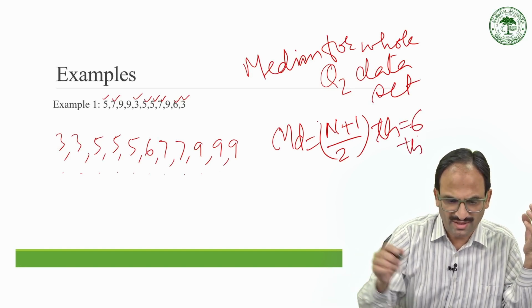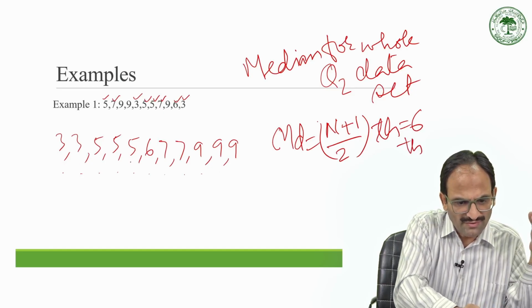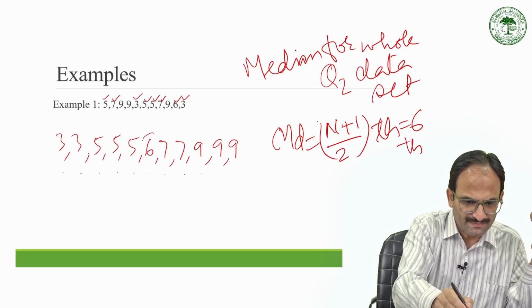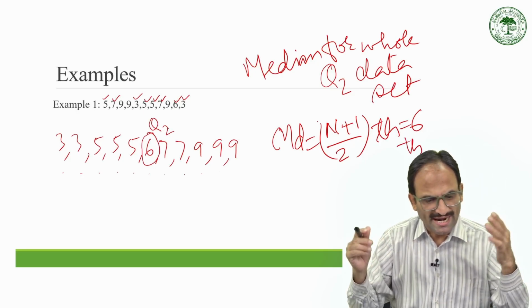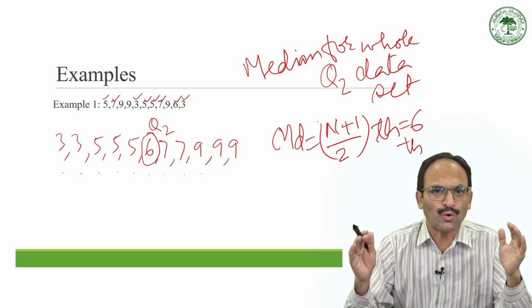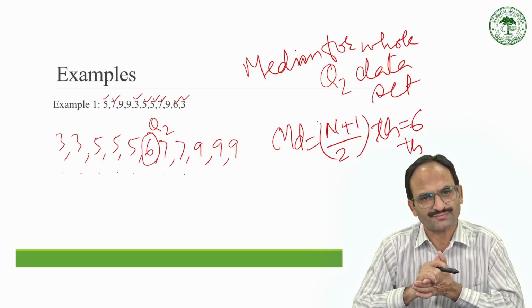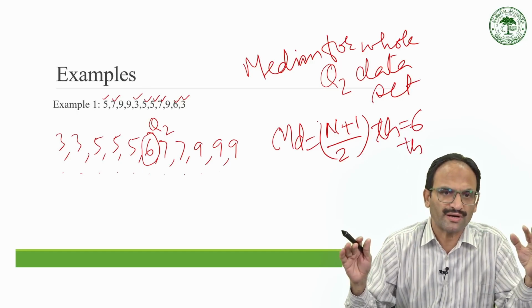Now you calculate which number is the 6th number. So 1, 2, 3, 4, 5, 6. This will simply be Q2. And Q2 is the median of the whole data set, or in other words, the midpoint of the whole data.